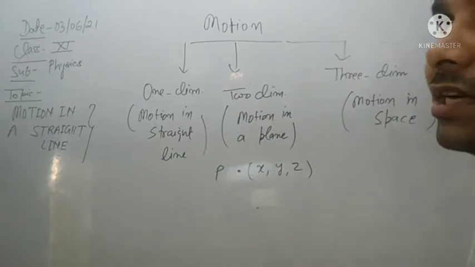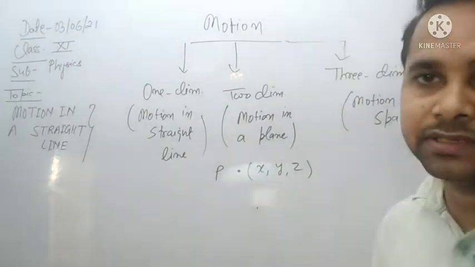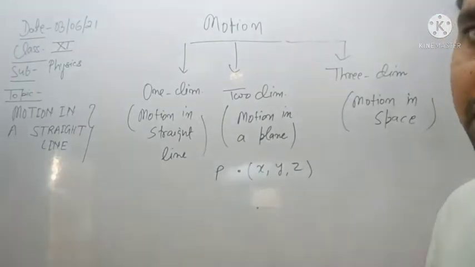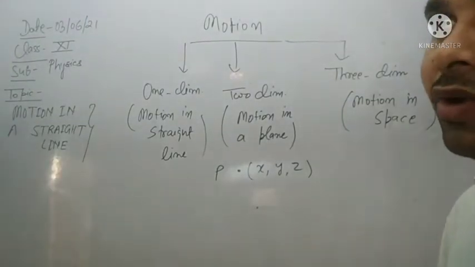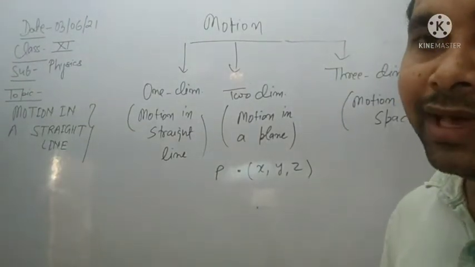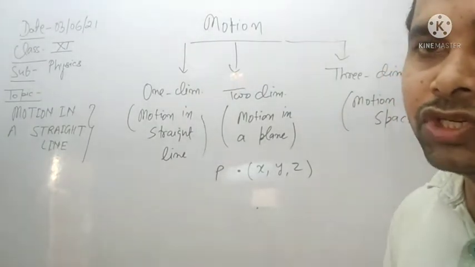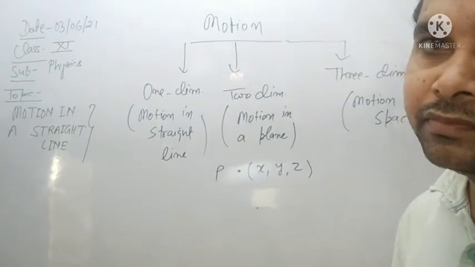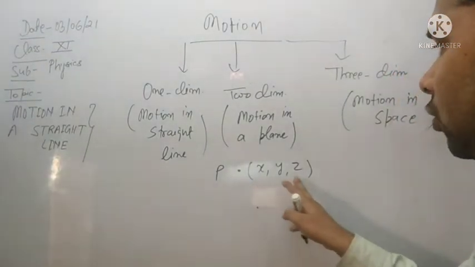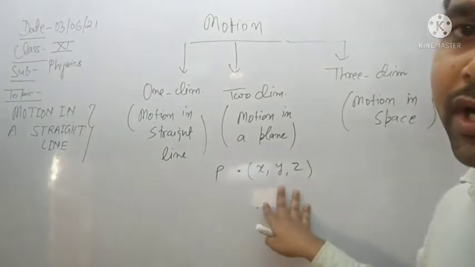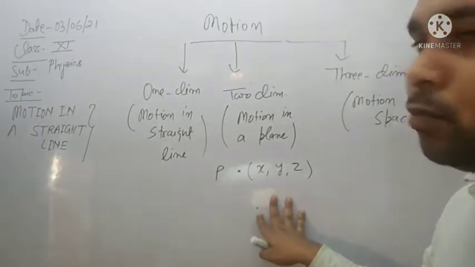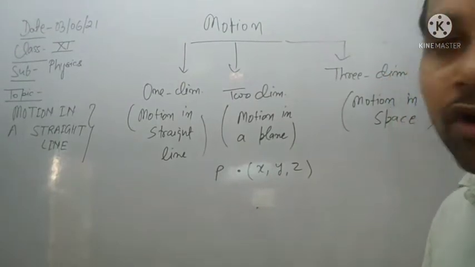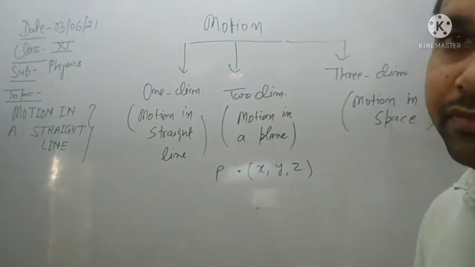X, y, z means it is in space. Up to class 10 you have studied only x, y. X, y means the position of the point is in the xy plane. But this is x, y, z, all 3 coordinates used here. It means the object is in space.